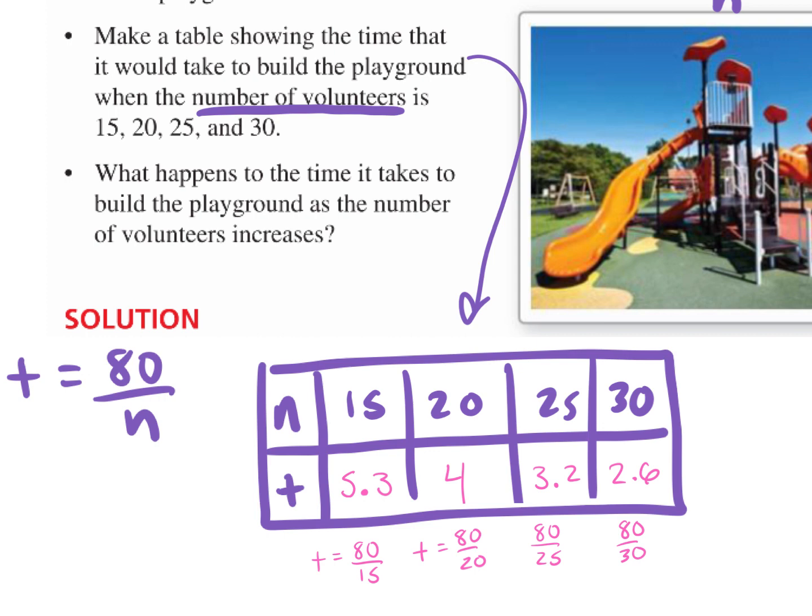So the second part of this question says, what happens to the time it takes to build the playground as the number of volunteers increases? So look at our chart. The number of volunteers is going up. What happens to the time? It's going down.